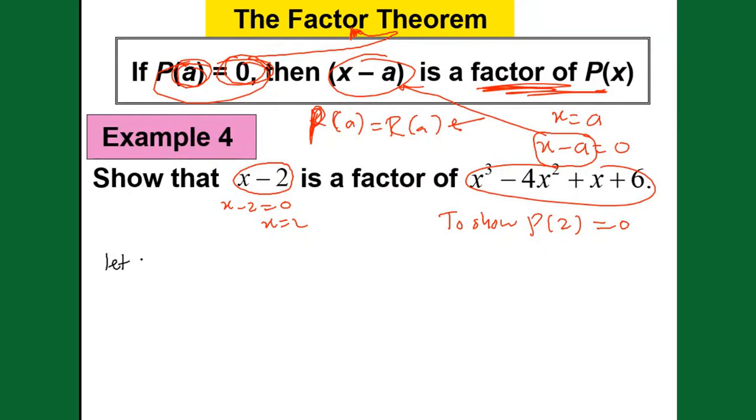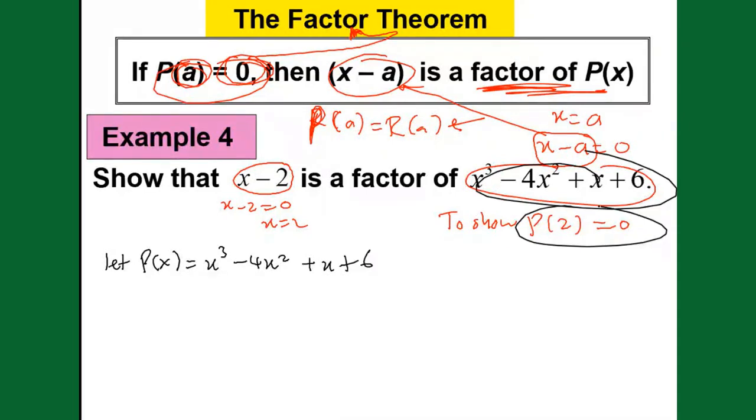Let P of X be equal to X cubed minus 4X squared plus X plus 6. We name it first, this is Px. And then to show this one, P of 2. So substitute. Okay, then you have to show 0.